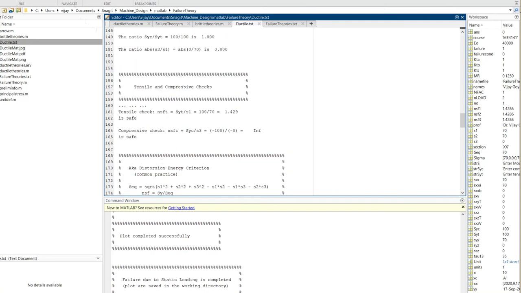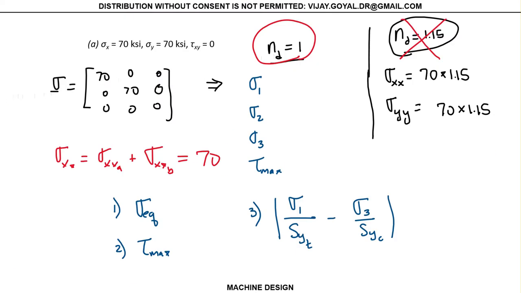Now, couple of checks you have to do. The first check, you have to do the compressive and tensile checks. And those checks basically tell me, calculate the factor of safety to make sure that sigma yield in tension is equal to sigma 1 in tension, but this is in tension, okay? So this gives me 100, this gives me 70 from the problem, and I find that's equal to 1.429.